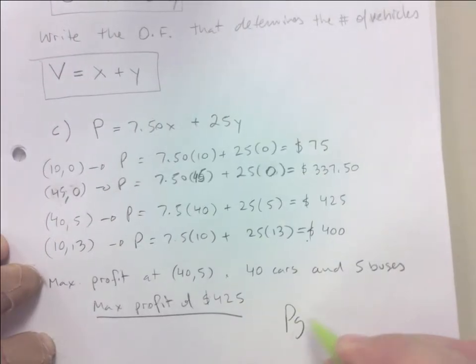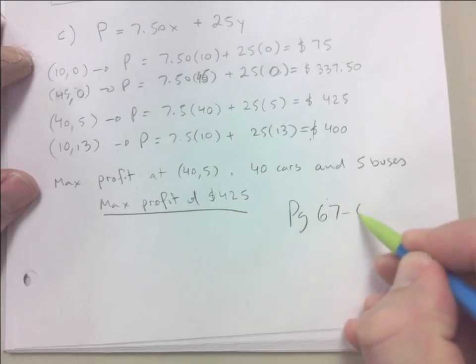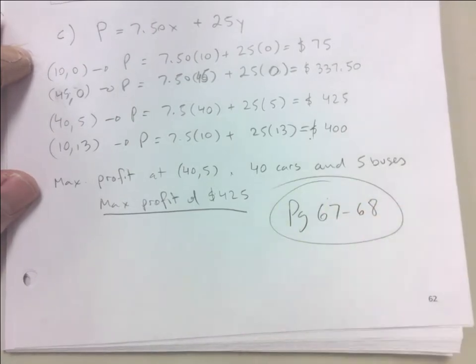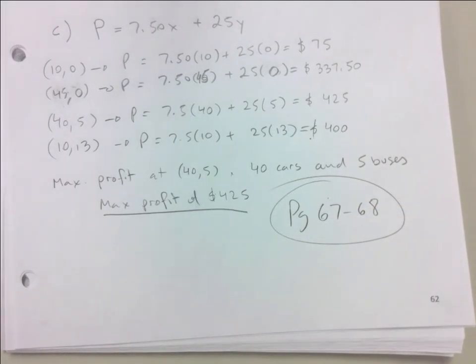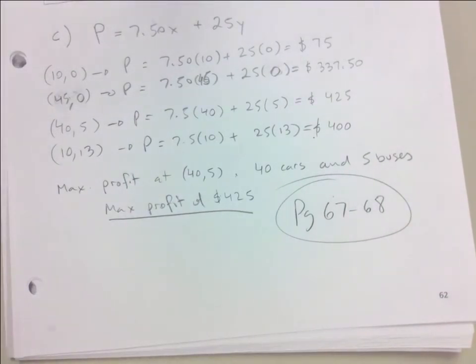I'm going to send you to 67 and 68. 67, 68. There we go. That'll do it for you. I will post more pages, so if you feel like you want to do more, like I told you that 58 and 59, for example, 57 and 58 have videos.